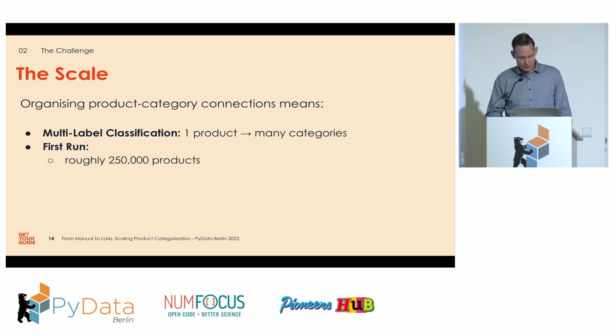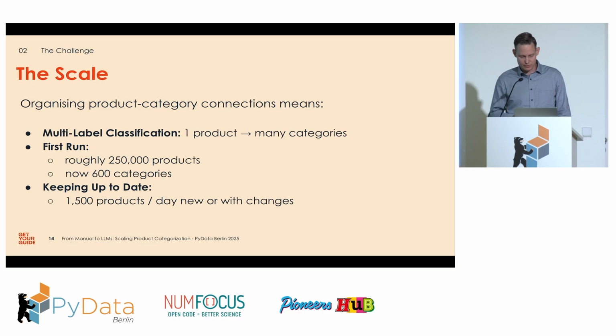We roughly have to classify 250,000 products, not just the currently active ones, but also ones that can get new availability, because we want to be prepared. And we now have 600 categories, so it's quite a lot of pairs for which we have to decide whether they are connected or not. And to keep it up to date, we have to decide for roughly 1,500 products per day, which are new or which have changes, which categories they should now belong to.